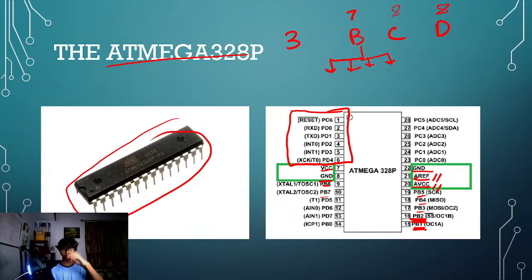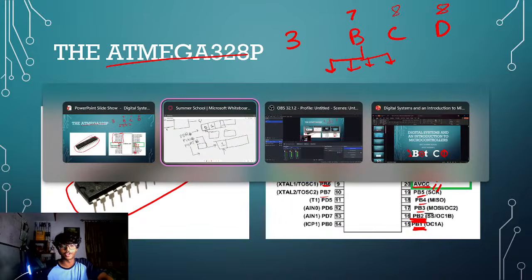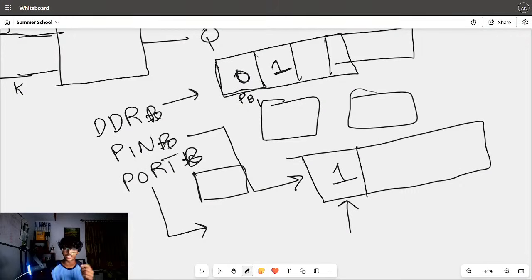Now that you understand how registers affect the working of the IC, one more thing, by the way. Apart from these registers for each port, there are multiple other registers inside the chip itself.